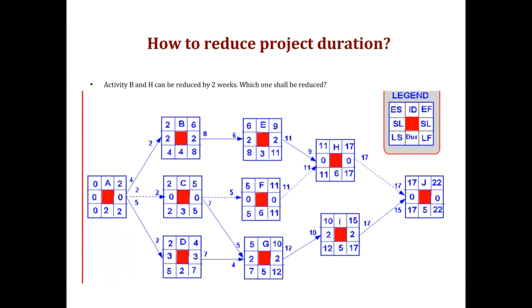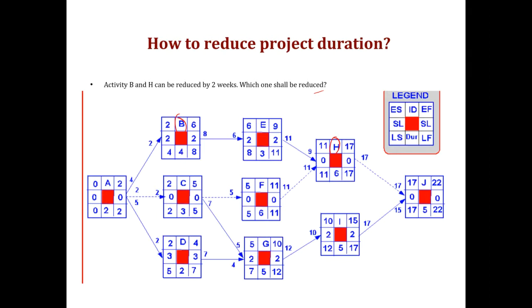So here is this network shown. Activity B and H can be reduced by 2 weeks. Which one shall be reduced? Here we are talking about a situation where you have been given an option by subcontractor B and subcontractor H, that they could potentially reduce their work by 2 weeks.